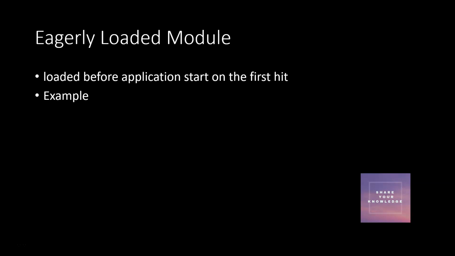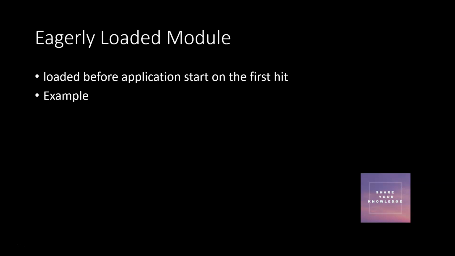This may be trivial in a small application, but in a very big application where the modules are very big, like MBs, you will be able to save some time on loading when the application starts up. So this is the basic example for eagerly loaded modules.